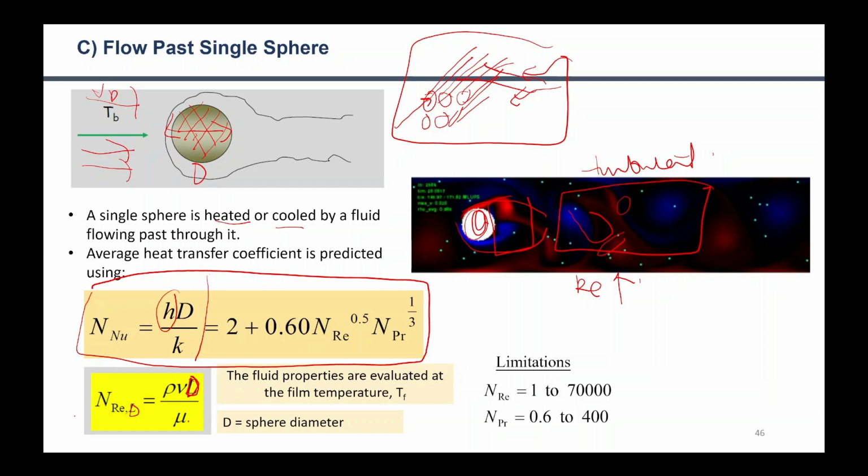As usual, the fluid properties are evaluated at the film temperature. I hope you still remember the film temperature is (Tw plus T infinity) divided by 2. However, this equation only applies when the Reynolds number is between 1 and 70,000 and the Prandtl number is between 0.6 and 400.